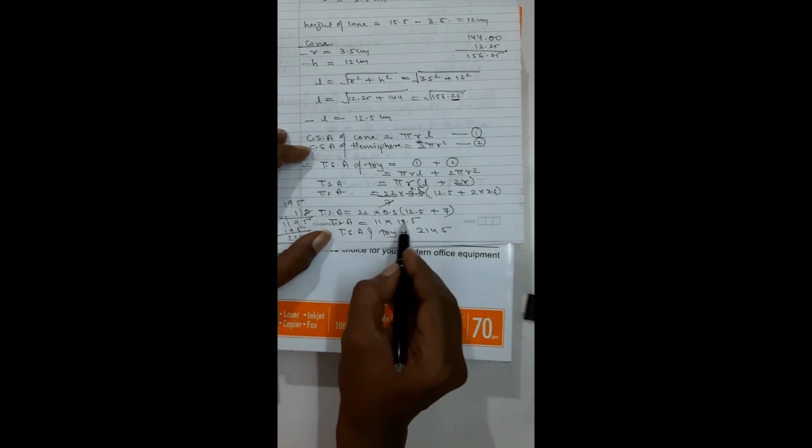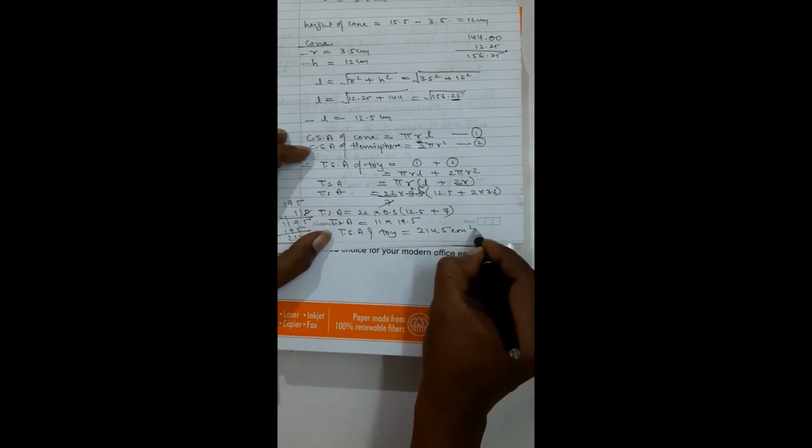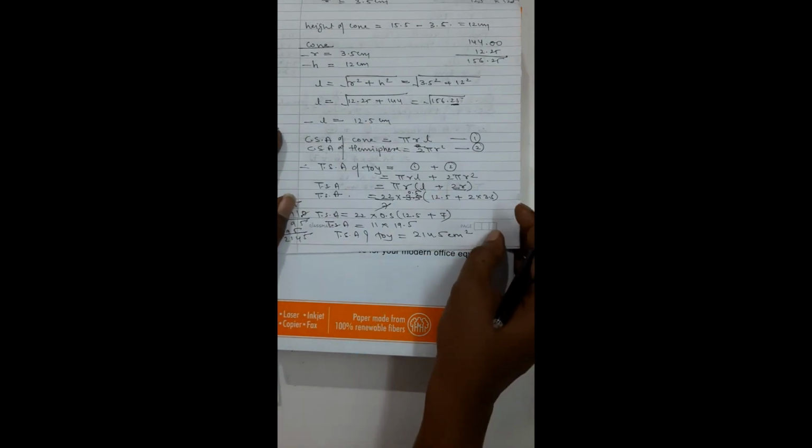But then this one decimal place I have to give, so this will be 214.5 centimeter square. This will be the total surface area of the toy.